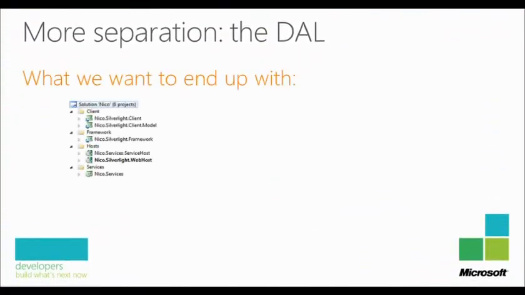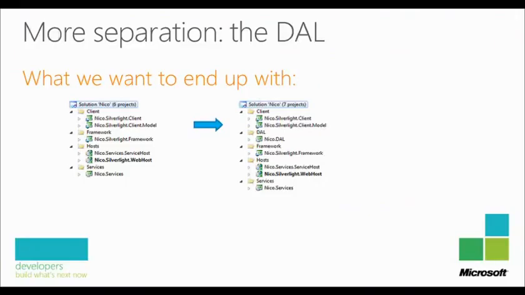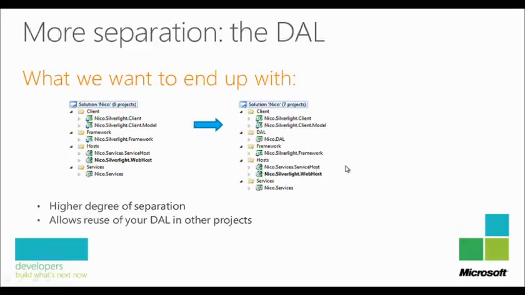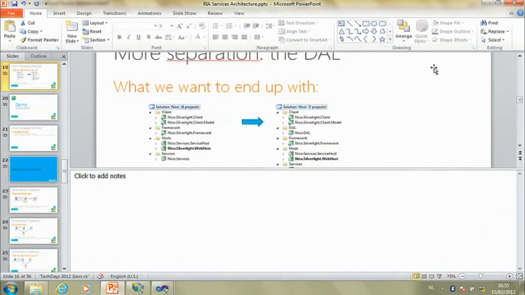So what we want to end up with now is a solution structure with a data access layer in a separate project. Because it's, again, a little higher degree of separation, and it allows the reuse of my data access layer in other projects. So let's see how that can be done.